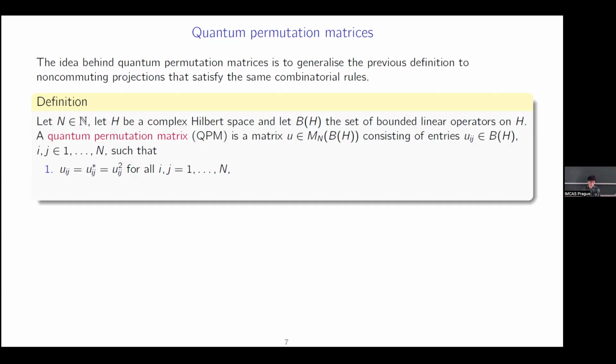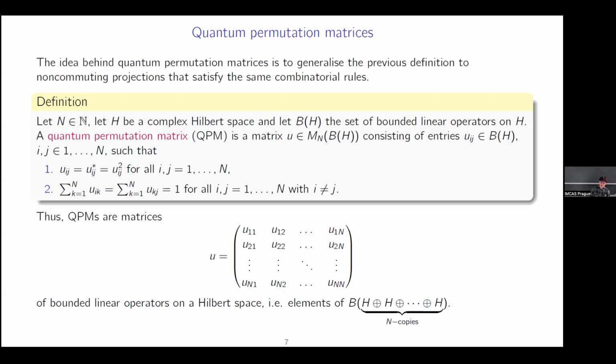In other words, the square of each entry is equal once again to the entry we started with, for each i and j ranging from 1 to n. Another technical property that we require is that whenever we consider the sum for k from 1 to n of u_ik, or the same for u_kj, we have to get 1 for all i and j ranging from 1 to n. This means exactly that if we take the sum over each row or over each column of our quantum permutation matrix, we get 1.